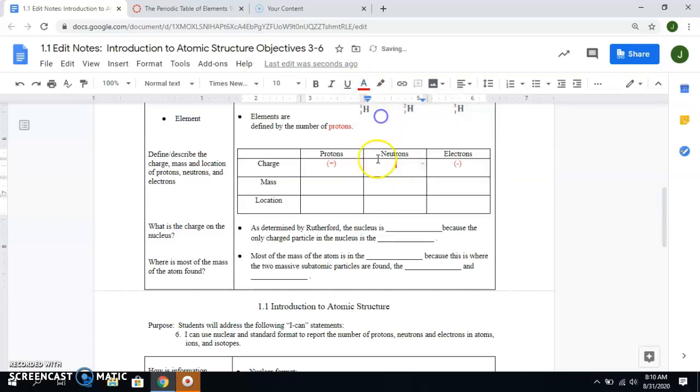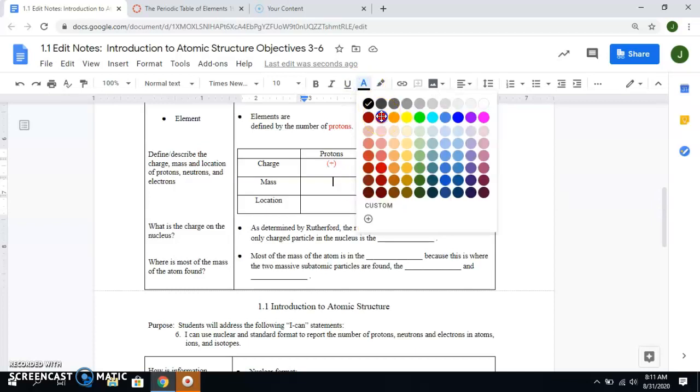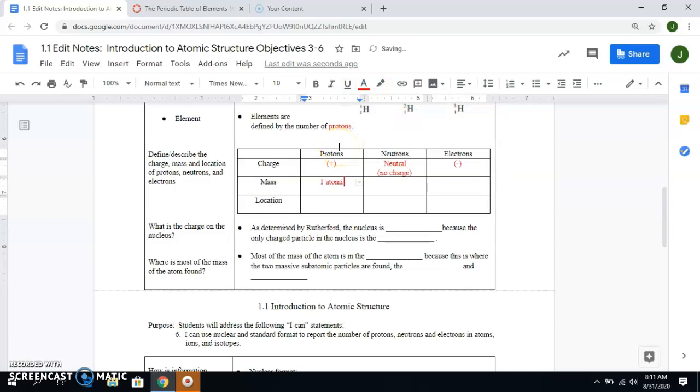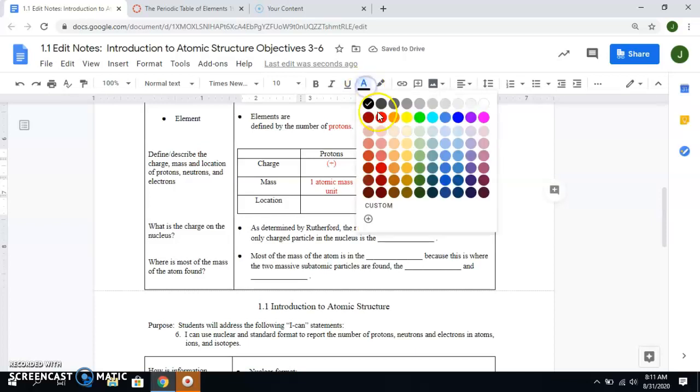And we know that neutrons have no charge at all, so I'm going to put neutral, and below it, no charge. In terms of mass, the mass of a proton is equal to the mass of a neutron. Protons and neutrons each equal 1 atomic mass unit. Neutron is also 1 atomic mass unit, and the way that we abbreviate atomic mass unit is AMU.